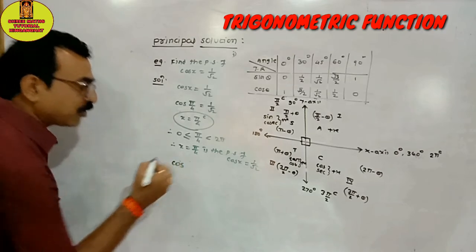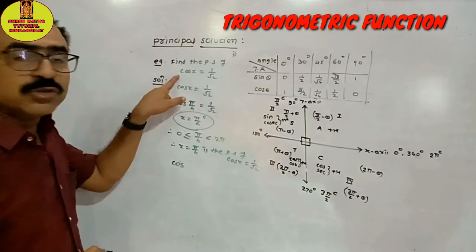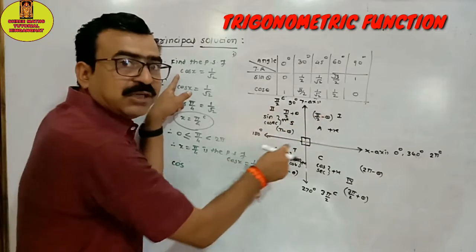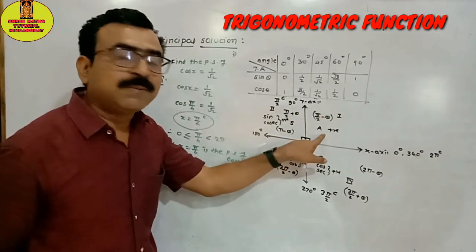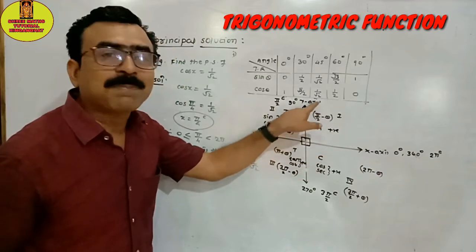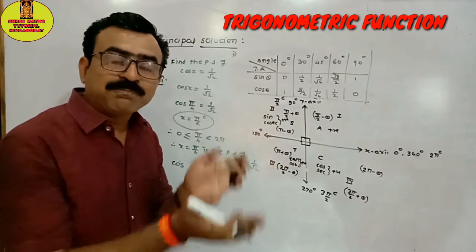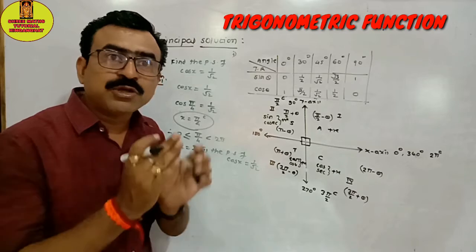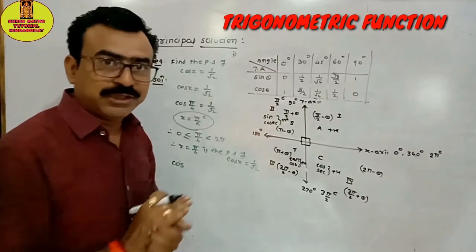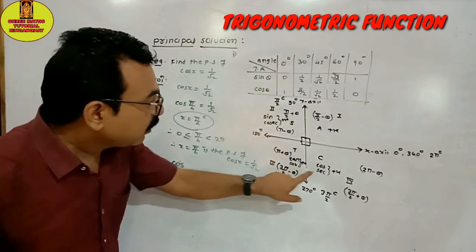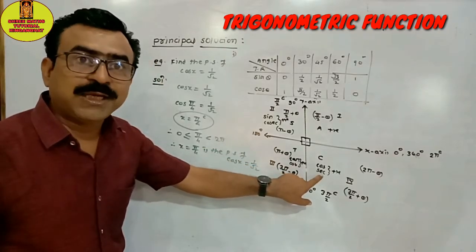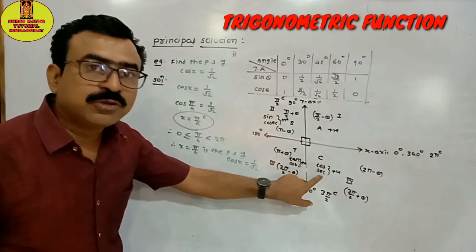So friend, cos. Okay. So in which quadrant is cos positive? So cos is positive in the first quadrant, but in the first quadrant here pi by 2 is given. And from previous knowledge you know that you have to take pi and 2 pi only. Okay. So now in the fourth quadrant, this cos is positive. Okay.